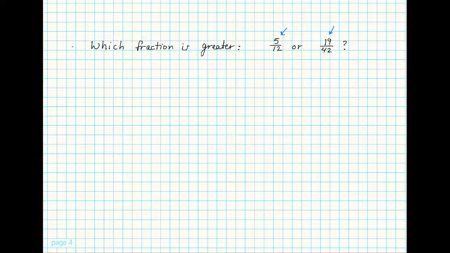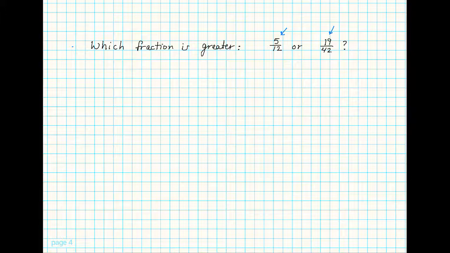So it's a little bit hard to tell which one is more less than half. Okay, so the thing that we can do is give them common denominators, find equivalent fractions to these 2 that have common denominators, so that we're comparing similar size pieces.